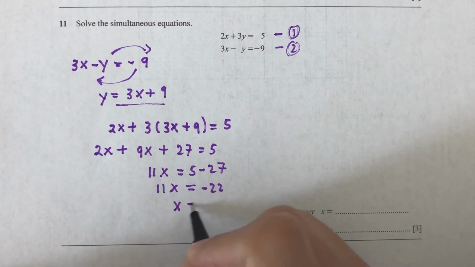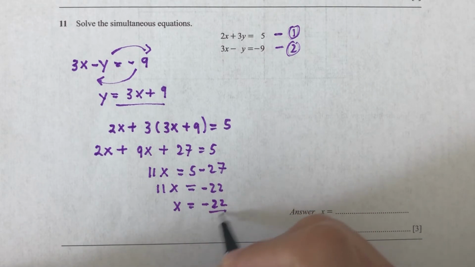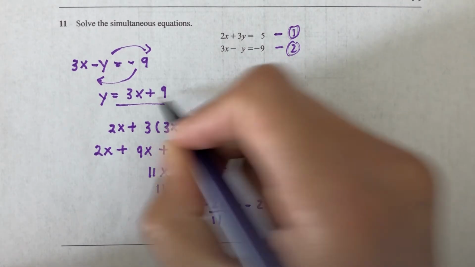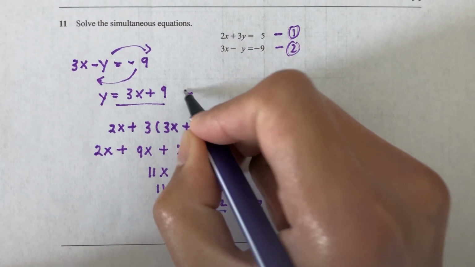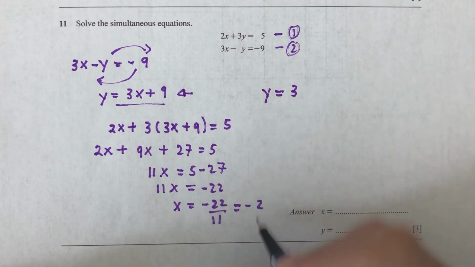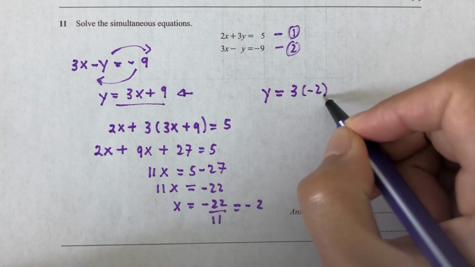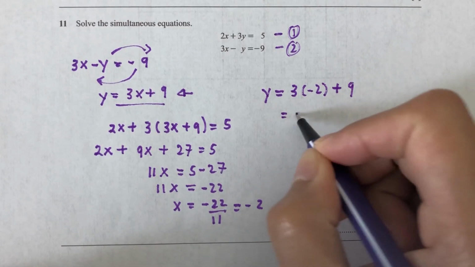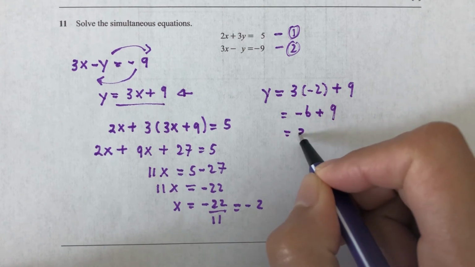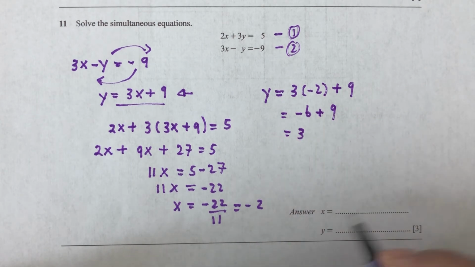X is minus 22 divided by 11. It's minus 2. So now we replace x in this equation to find y. So y is equal to 3x, which is minus 2, plus 9. So minus 6 plus 9 is 3. So your answer is x is equal to minus 2 and y is equal to 3.